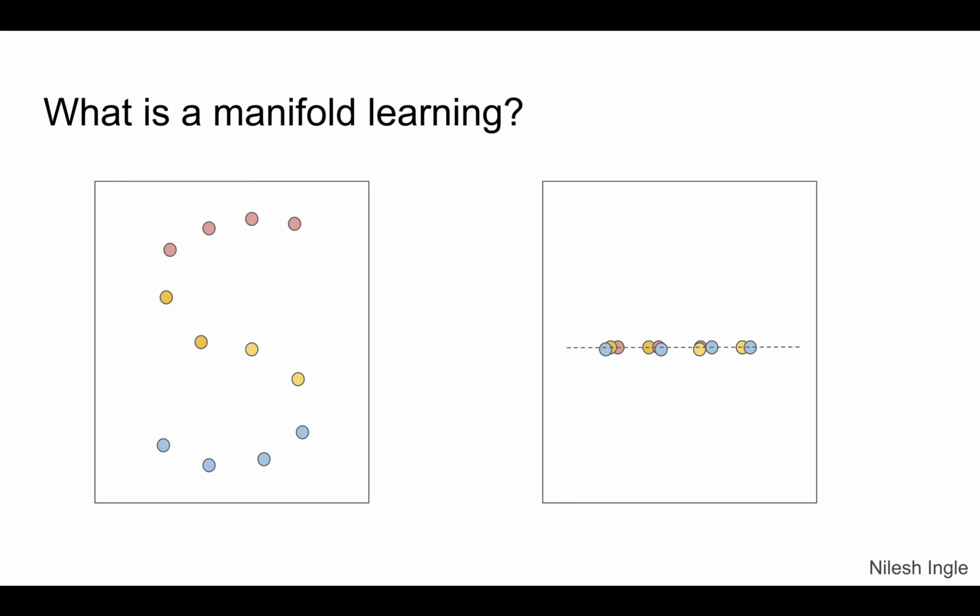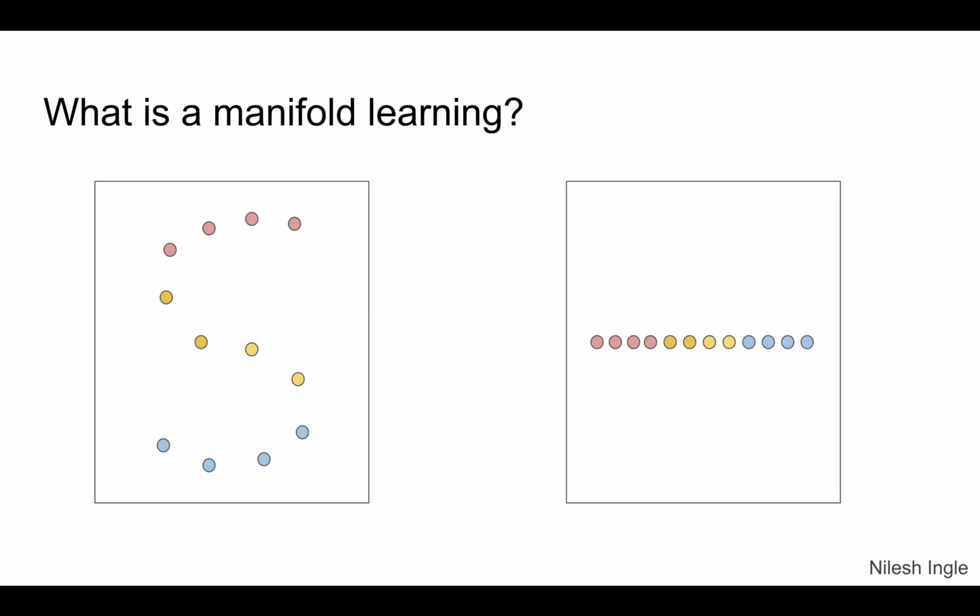And so manifold learning, what it does, it tends to unfold the curved space of data points such that the distances or the geometries of the data points in the multidimensional space is the same or is at least similar to what is in the unfolded low dimensional space.